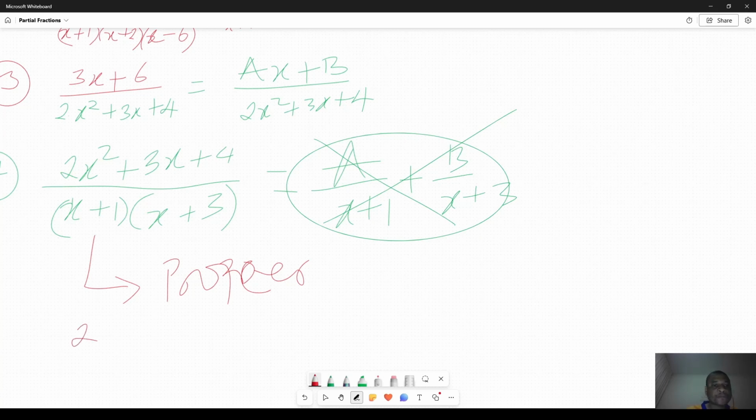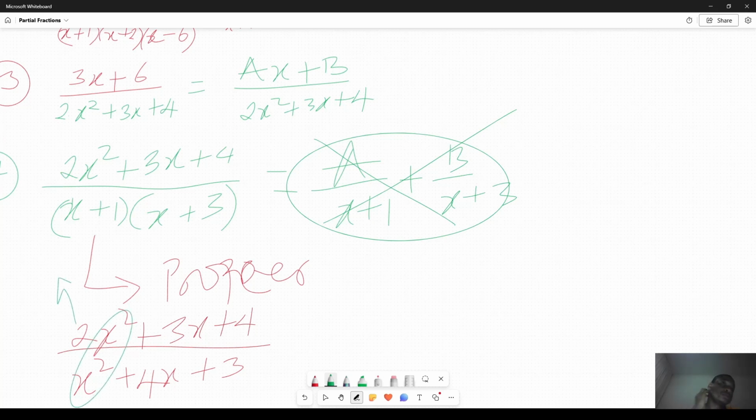So this will be like 2x squared plus 3x plus 4 over x squared plus 4x plus 3. You can see obviously this is like an improper fraction. So if you do long division for this, then I will have 2 plus something.